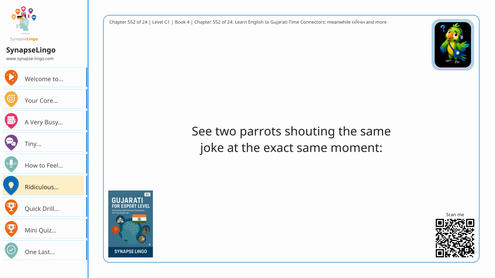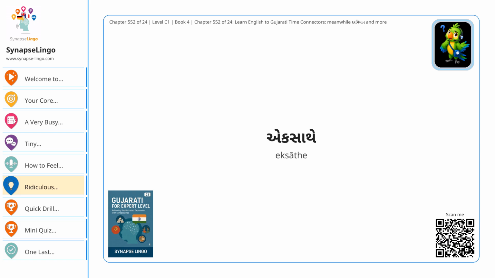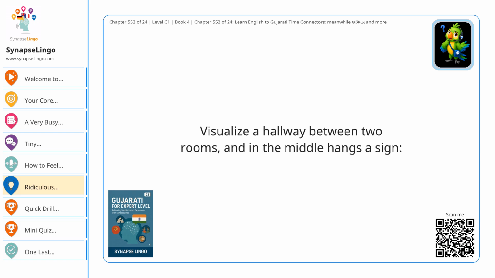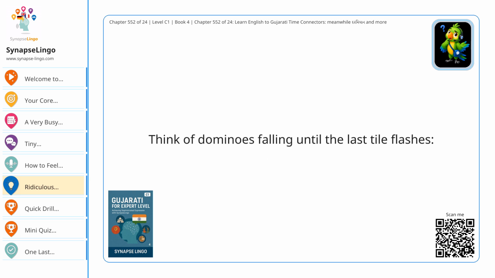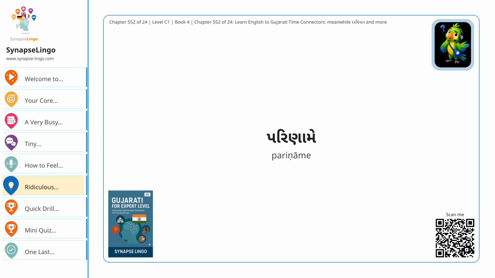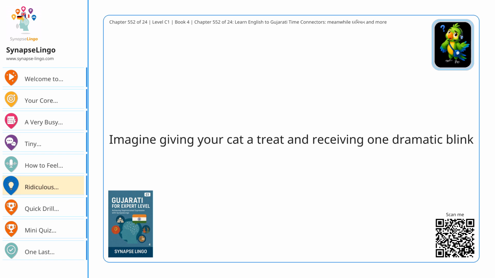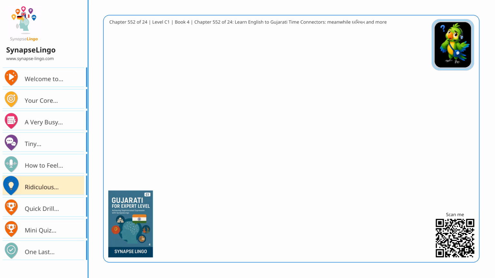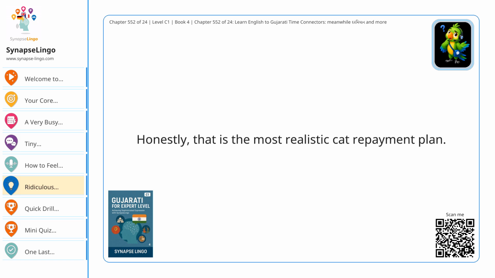See 2 parrots shouting the same joke at the exact same moment. એક સાથે. Visualize a hallway between 2 rooms and in the middle hangs a sign. આ દરમિયાન. Think of dominoes falling until the last tile flashes. પરિણામે. Imagine giving your cat a treat and receiving one dramatic blink. બદલામાં. Honestly, that is the most realistic cat repayment plan.